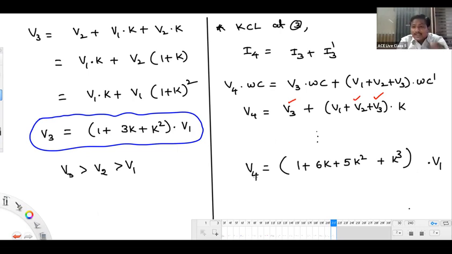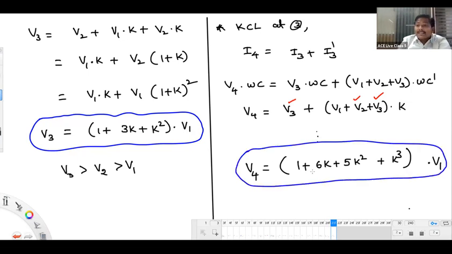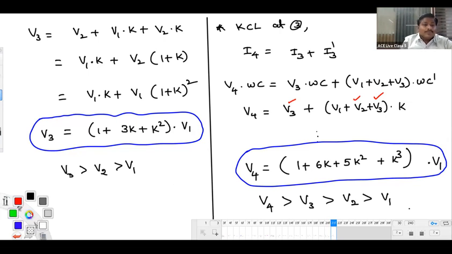Now you can observe again, V4 is 1 plus 6k into V1, that is greater compared to 1 plus 3k into V1. So finally, the conclusion we can make is disk 4 voltage is greater compared to disk 3, greater compared to disk 2, greater compared to disk number 1. This is the final conclusion.